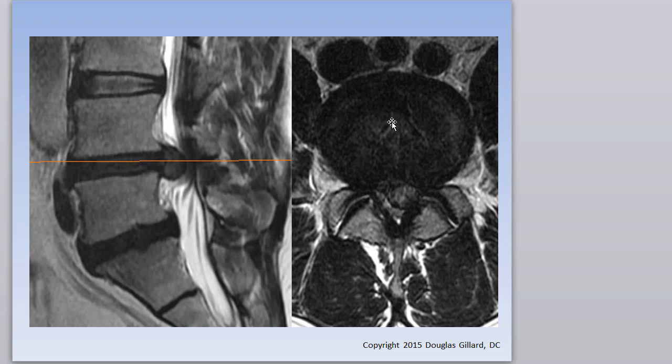Okay, again, here's these. Remember I showed you that program, how you can set this up. So there's a cut right through the disc, the L4 disc. I don't have to label this, but if you don't say L4, you're going to get this wrong. From here we're pretty sure it's a herniation, but we need to go overhead to see the difference between a bulge and a herniation. It's a focal outpouching of the disc right here.